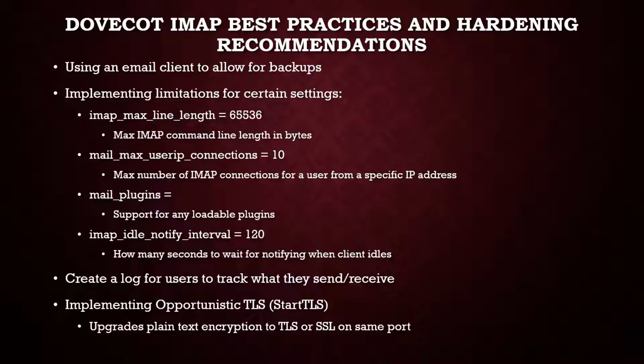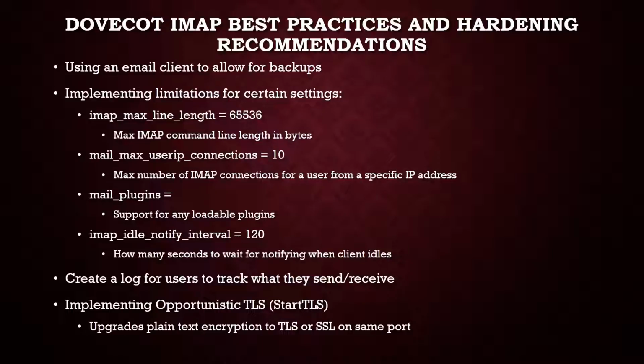Next, you want to create a log to track what users are doing on the email server, just to make sure there's nothing suspicious going on. Next, you want to implement STARTTLS, or opportunistic TLS. It's referring to extensions to plain text communication protocols.